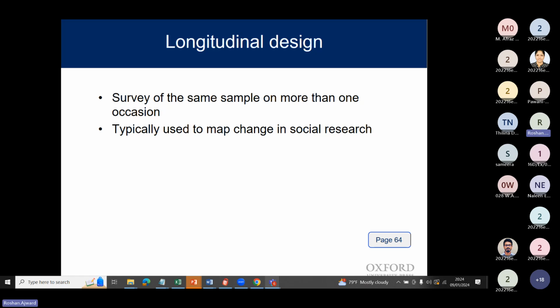Let's say, for example, I give you the questionnaire about the government now, and I give the same questionnaire again after 1 year. That's called longitudinal, because you have taken data at different points of time. Likewise, you might take yearly data for several years. That's called longitudinal design.